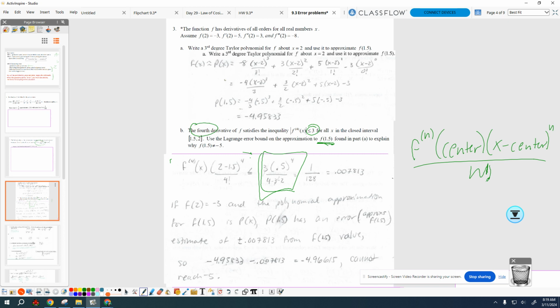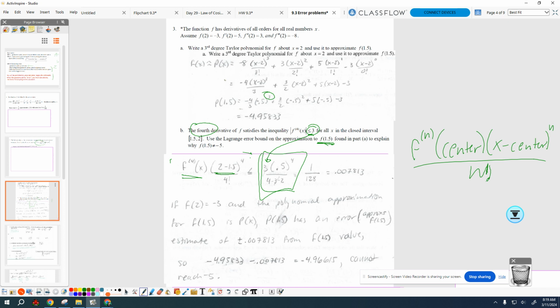First ignored term: I used 3 derivatives to get the polynomial, so the first ignored term is to the 4th. So I want the derivative to the 4th, and they said the biggest that's going to be is a 3, so I'm going to get rid of this and plug in 3. And as was just asked, why is this going on? Well, the center is 2, and where I'm evaluating the function is at 1.5. So what's the biggest delta in that x? It's 0.5. 2 minus 1.5 is 0.5. It was to the 4th, still is, over 4 factorial.